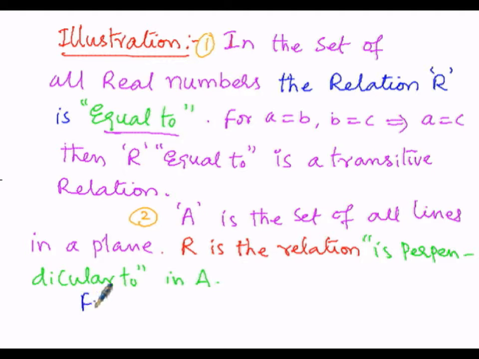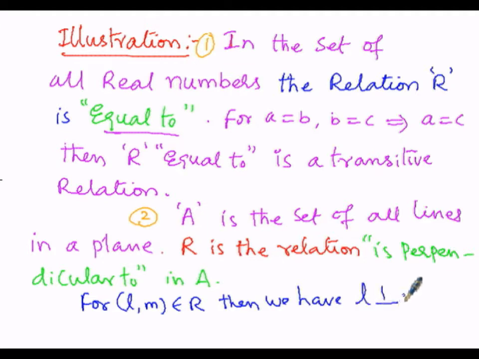Now for (L, M) belonging to R, we have L is perpendicular to M. So the lines L and M belong to the relation R, with the property is perpendicular to.